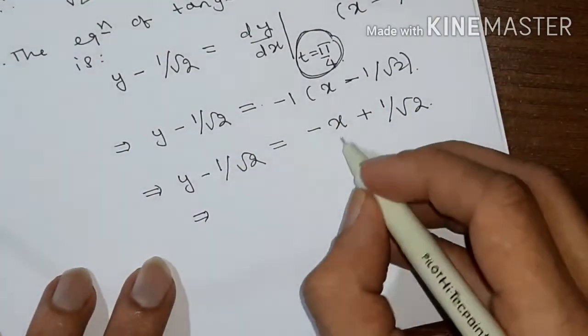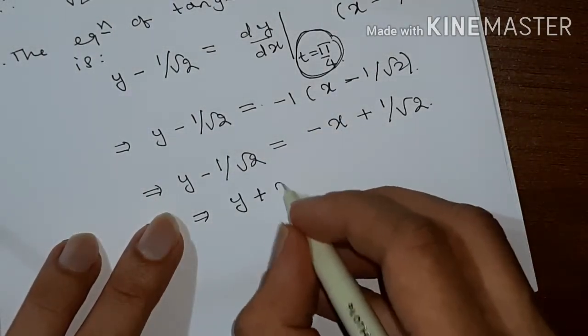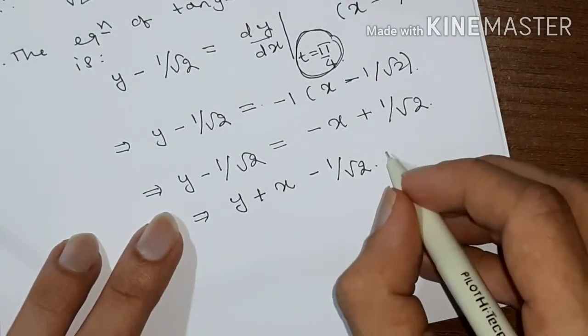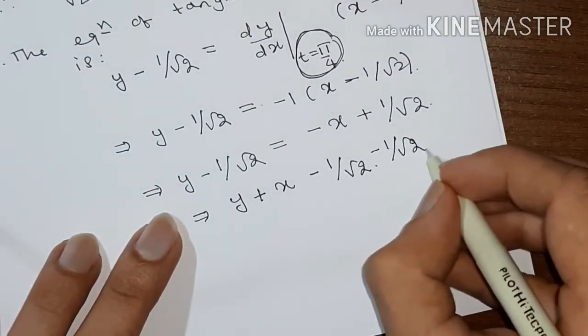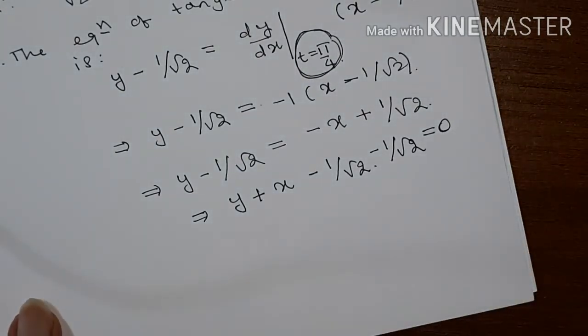Now if you take minus x to this side, you will get y plus x minus 1 by root 2 minus 1 by root 2 equal to 0.